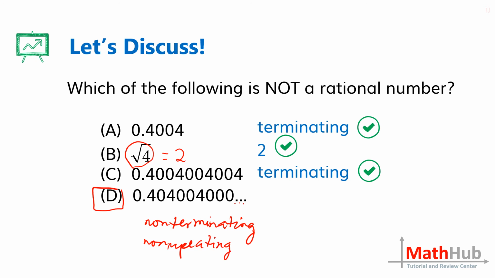Although it has a pattern, 4 followed by 1 zero, 4 followed by 2 zeros, 4 followed by 3 zeros, and so on, it is still non-repeating. So that's why it is an irrational number.